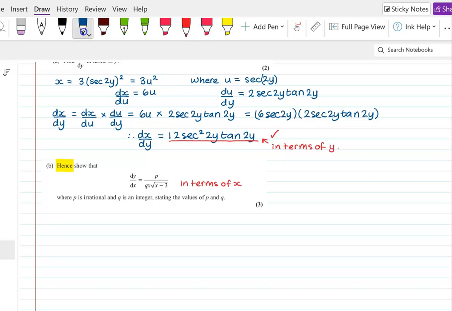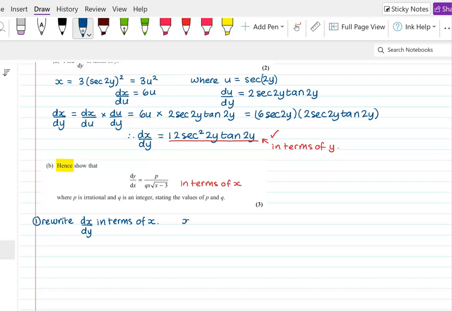So the first thing I'm going to do is try and rewrite dx/dy first of all in terms of x. I think that's going to really help me. Sometimes it's really hard to know where to start, but I think that's what I'm going to do.